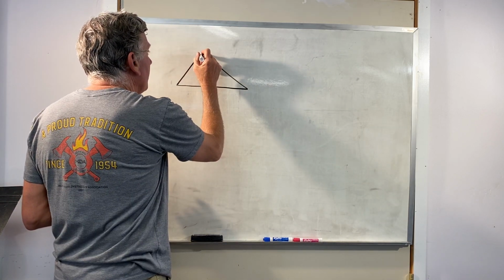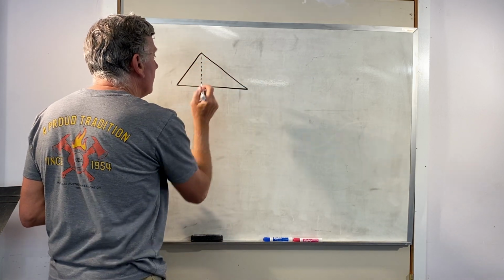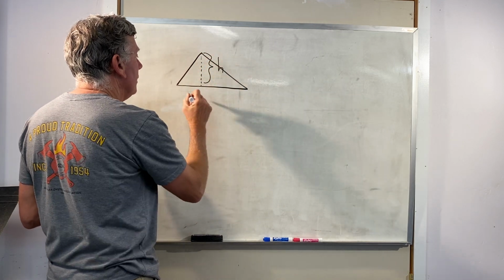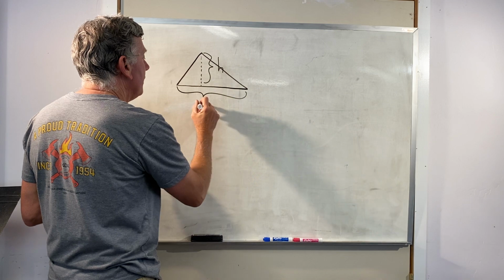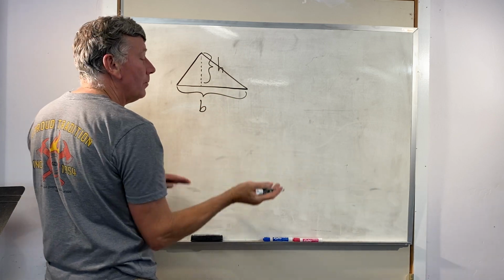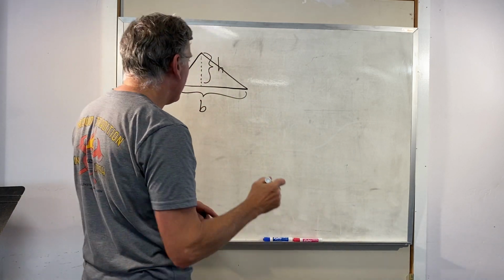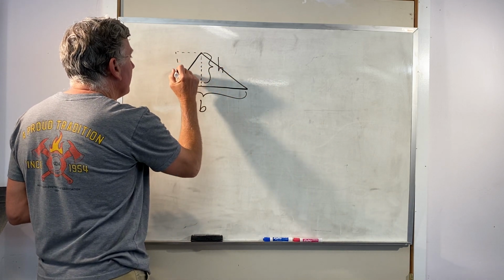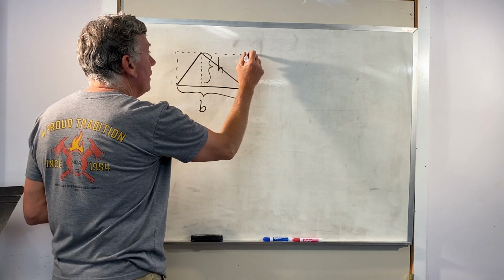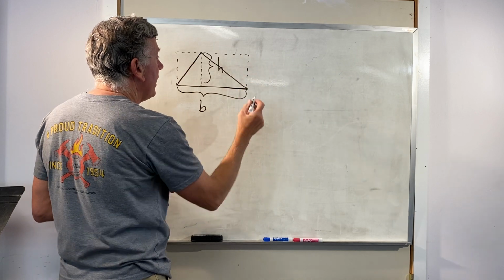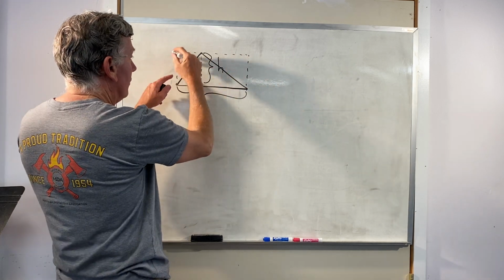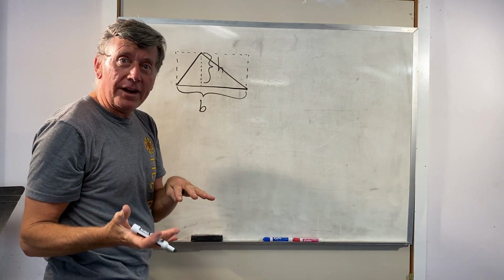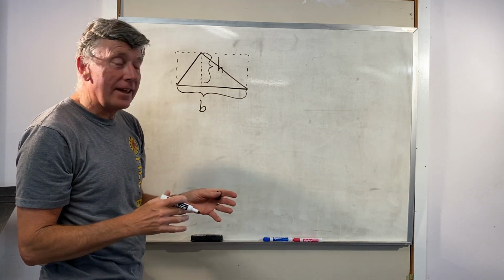But the area of the triangle is basically the height times the base divided by 2, or times 1/2. The reason is, if I do some line extending here and here, I have this rectangle that I've drawn now that has area height times base.